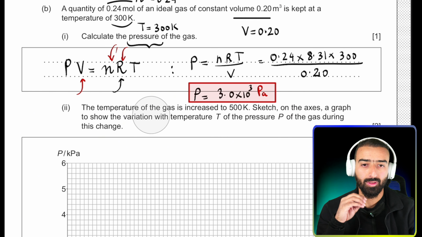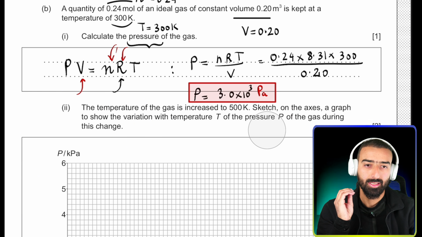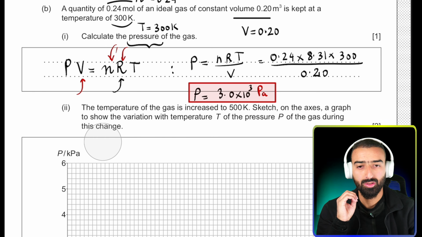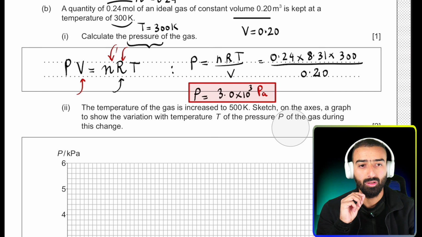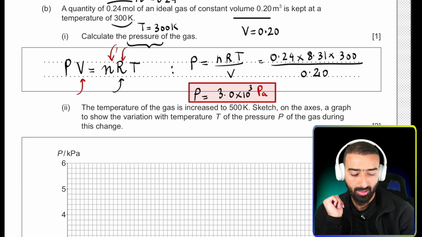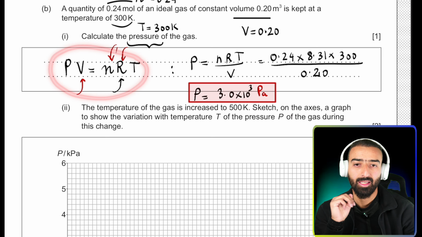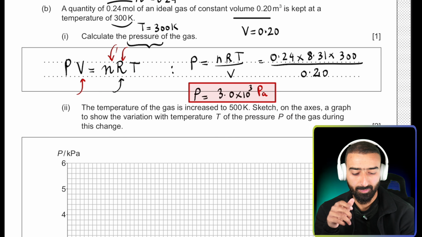The temperature of the gas is increased to 500 Kelvin. Sketch on the axis a graph showing the variation with temperature of the pressure of the gas during this change. Well, I can take this equation once again and change the temperature from 300 to 500 Kelvin. Let's do that.